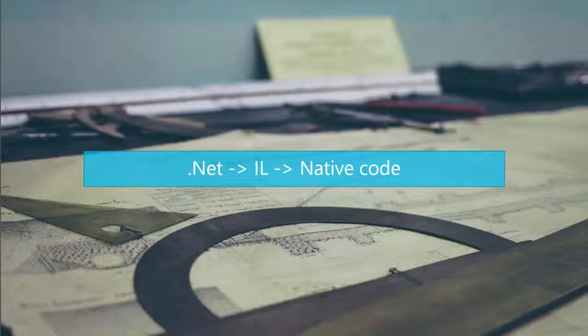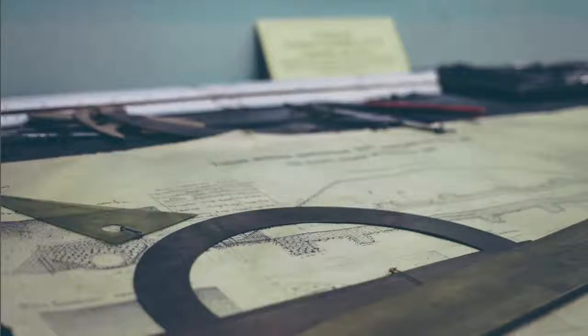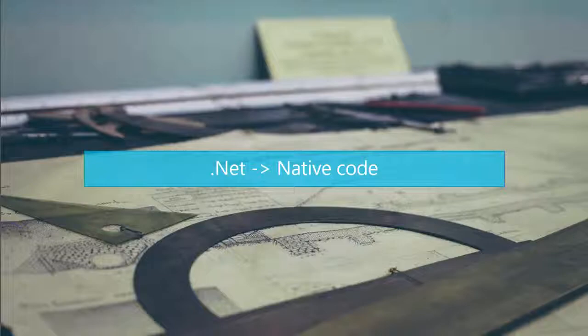You had this layer in between, which is what the device was doing. This is now completely bypassed. Just a gotcha, I guess: if you are running in debug mode in Visual Studio, it will still compile to IL, because otherwise it doesn't have all the symbols and everything. But if you do release mode, it'll compile directly to native code.